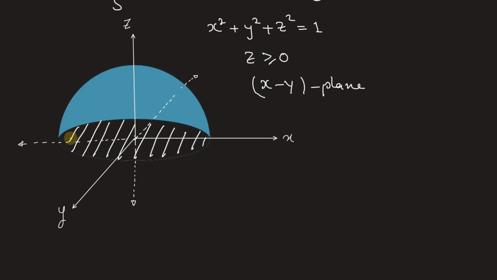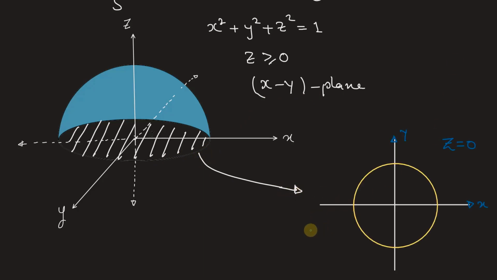Now if you observe this plane, this is a circle. The bottom part of the hemisphere is a circle which lies on the xy plane, which can be represented in this diagram like this. The equation of this circle can be written as x² + y² = 1, because it is in the xy plane, its center is at the origin and its radius is equal to 1.